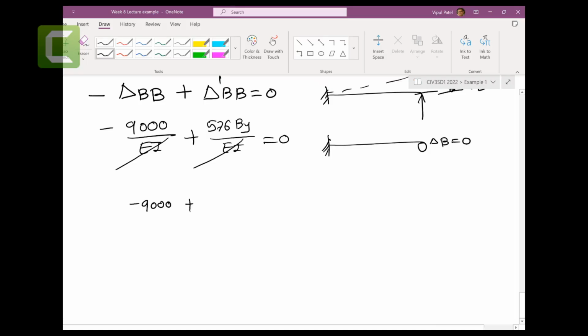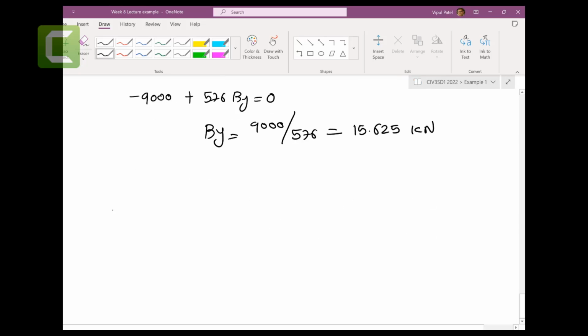You get 9,000 plus 576 By. So By equals 9,000 positive over 576. So 9,000 over 576, you get 15.625 kilonewtons, right? So this is job done now.